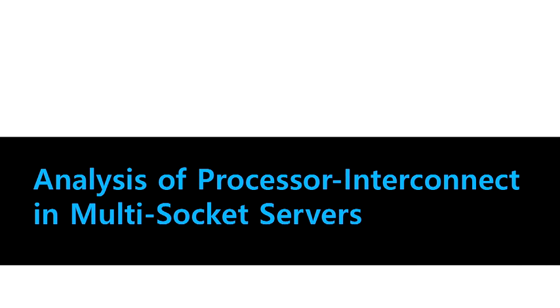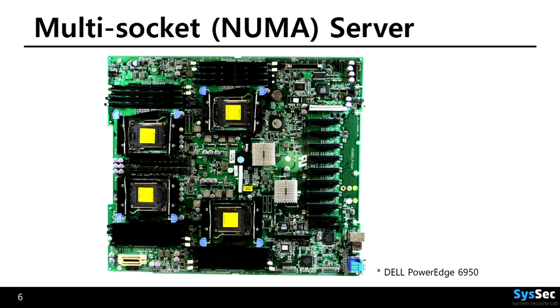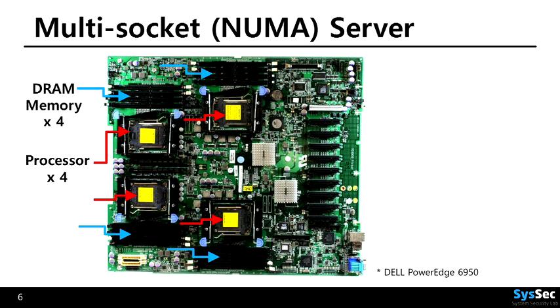Before getting into the details, let me introduce multi-socket servers and processor-interconnect technology. Here is a motherboard of a high-performance computing server. As you can see, there are several processor sockets, and local DRAMs are connected to each processor socket. This type of server is referred to as a multi-socket server.